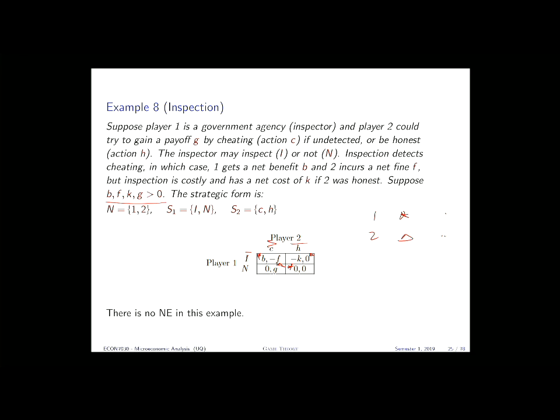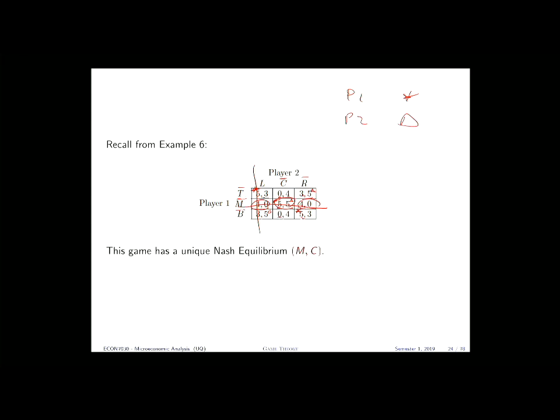Now the question is, how do we find these probabilities? Because when we go to mixed strategies, the equilibrium here looks a little bit different. We no longer say something like MC, because MC means that for certain, with probability 1, player 1 plays M and player 2 plays C. This is certain.